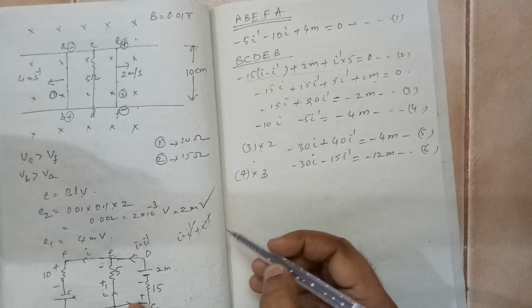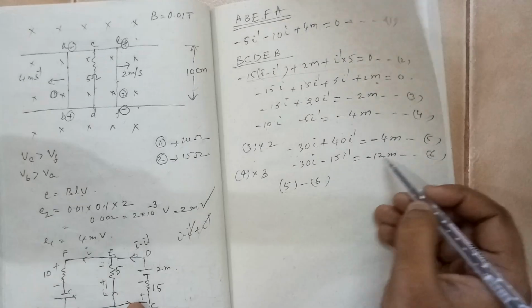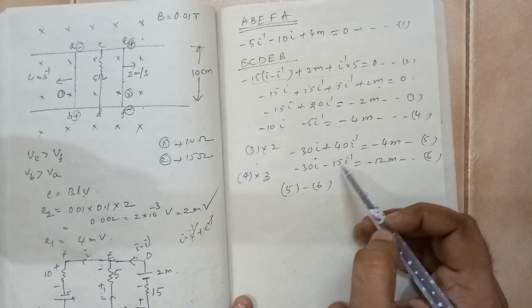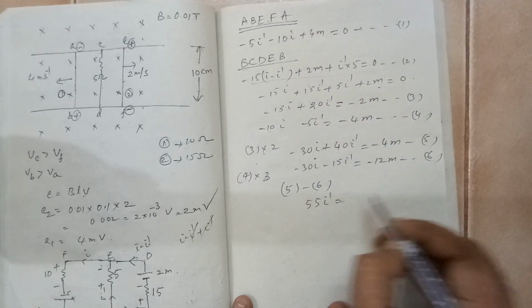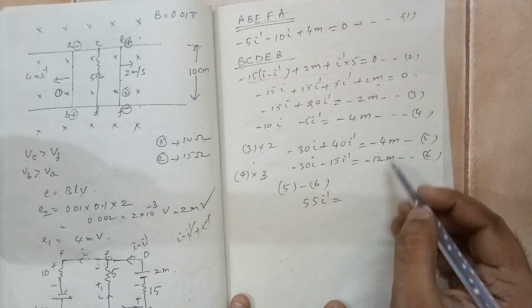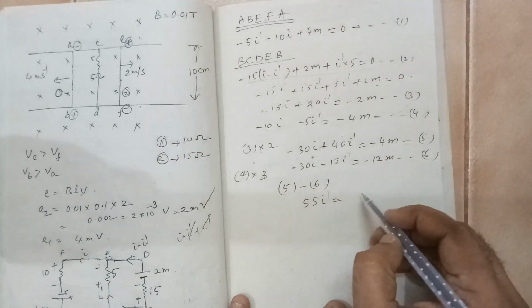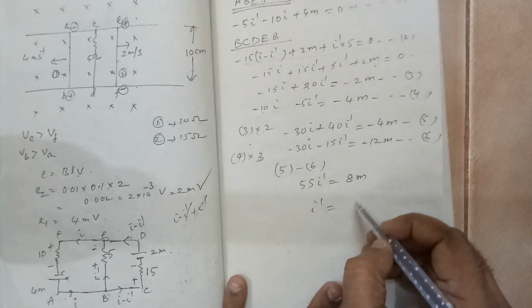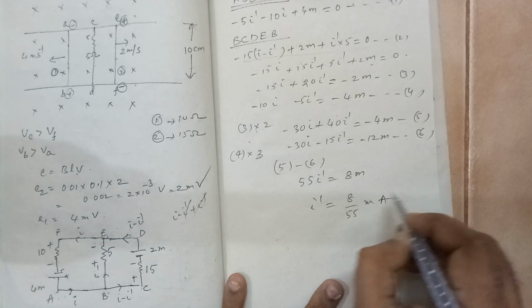This is equation 6. If I take the difference of 5 minus 6, 30I will cancel. So 40 minus of minus becomes 55I dash, and minus 4 plus 12 becomes 8 milli. So I dash will be equal to 8 by 55 milliampere.